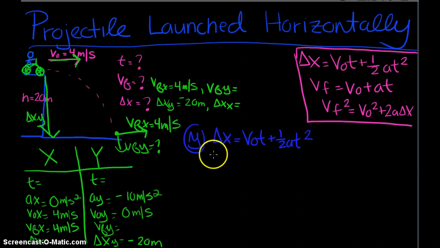Let's see how that works out. Delta x in the y is -20. The initial velocity in the y is 0, so 0 times time would still give me 0. So I'm left with 1/2 times negative 10 meters per second squared times t squared.